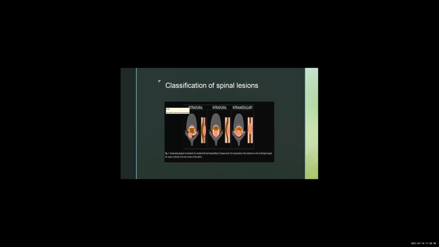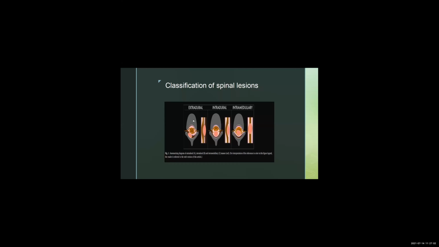All right, so here I have a little picture. I'm just going to talk briefly about how we like to classify things in the spine. If you have a tumor, for example, in the spine, they like to categorize these into three things: extradural, intradural, intramedullary.